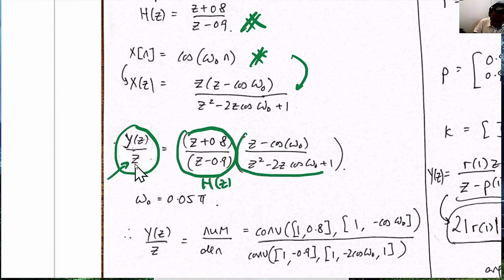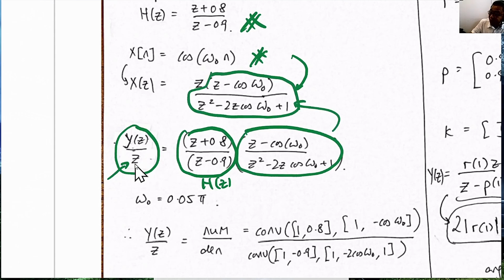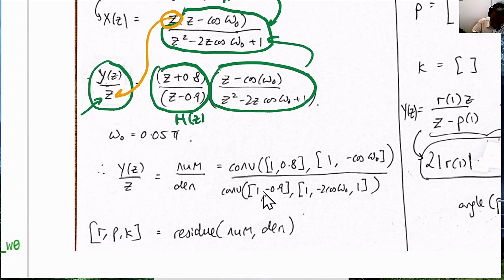And this is the cosine with part of this expression. Remember that this z here has been brought down to the left hand side. Again, we do partial fraction expansion, and I'm using MATLAB to solve it.